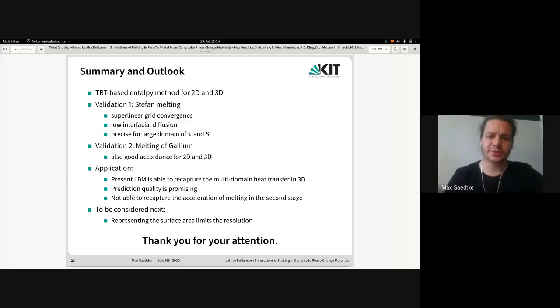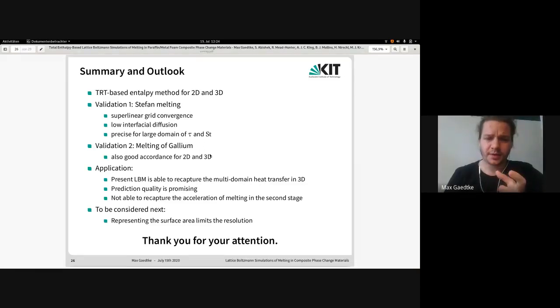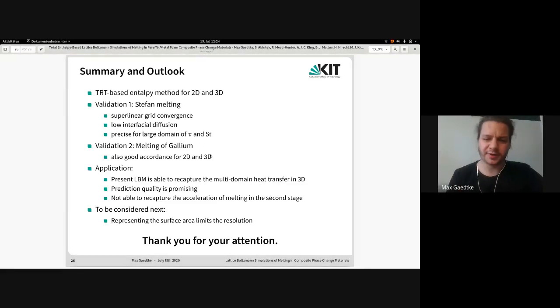I showed two validation cases, both with very good accordance to our comparison values, as well as precise simulations for a large domain of values for tau and the Stefan number, and the low interfacial diffusion as well. The present LBM is able to recapture the multi-domain heat transfer in those complex structures. The prediction quality is what I call promising.